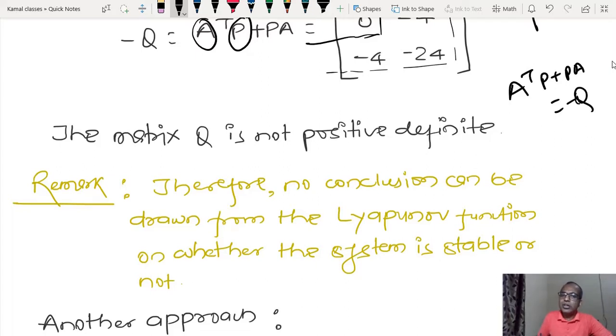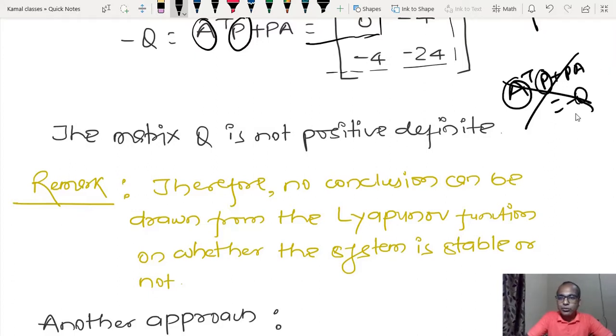I have created one counterexample where I know that A is Hurwitz, P I have selected positive definite, and Q is sign indeterminate. Due to that reason, the theory has collapsed: if you select P, then there exists a Q such that Q is positive symmetric definite no longer holds. Due to that reason, I am going to avoid this way.